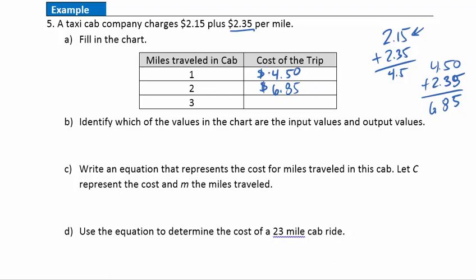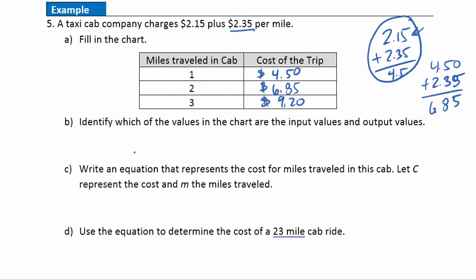We'll put our dollar sign on there, and then we take $6.85 plus another $2.35 for the next mile. It gives us $9.20. So basically, on the very first part of the cab ride we get charged $2.15 plus $2.35. Then after that, every mile we get charged another $2.35.